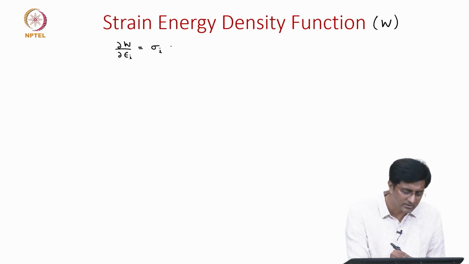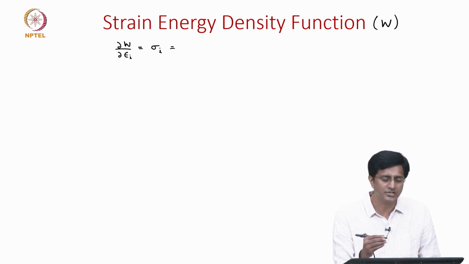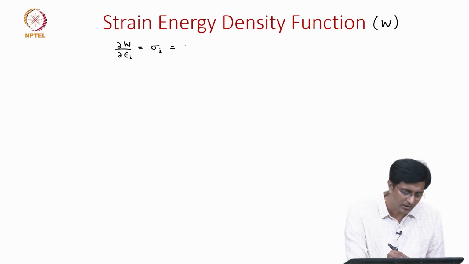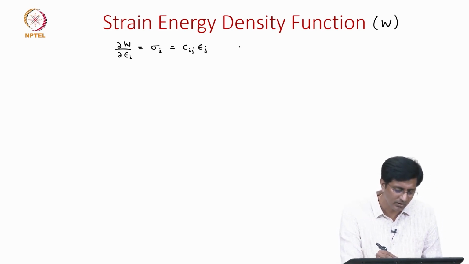But we have already seen that sigma i can be written in terms of the elastic constants and the strain, which means I can replace it with C ij epsilon j. So, by integrating this, one should be able to show that the strain energy density function is half of C ij epsilon i epsilon j.